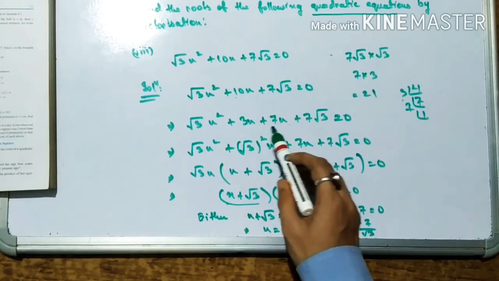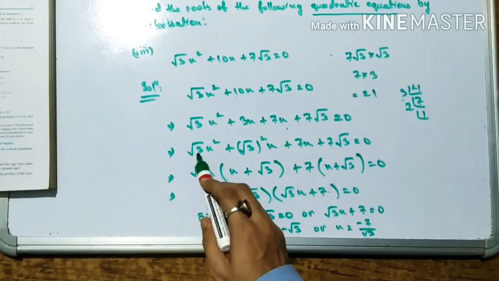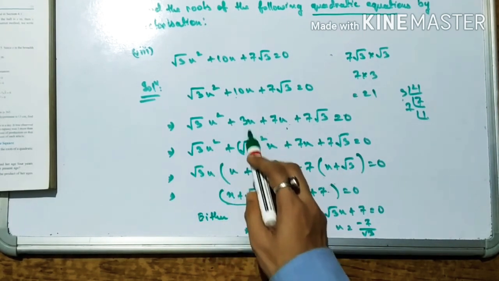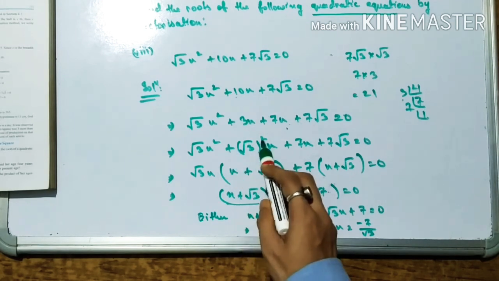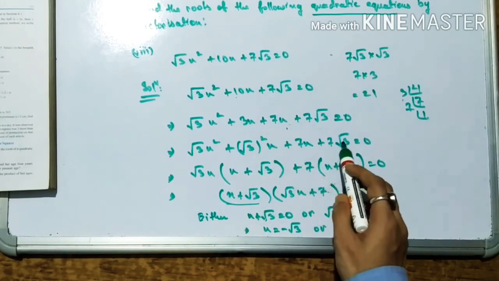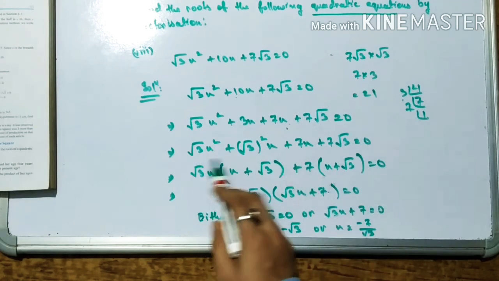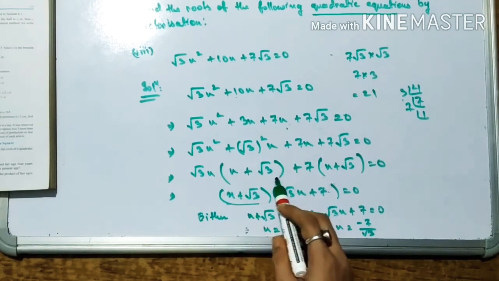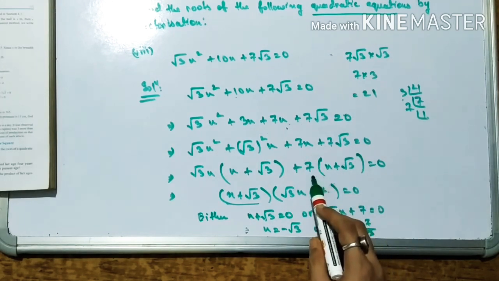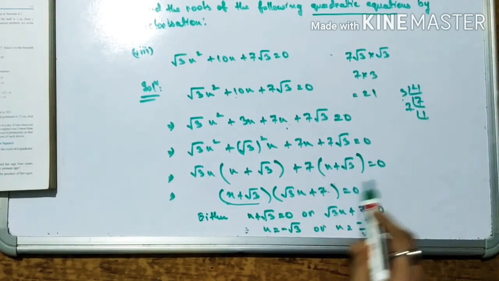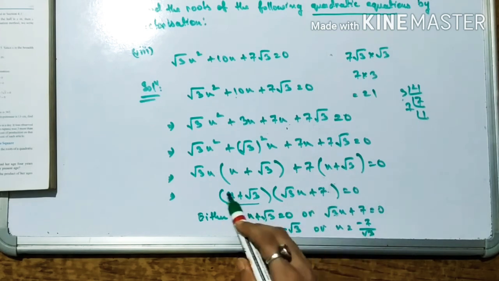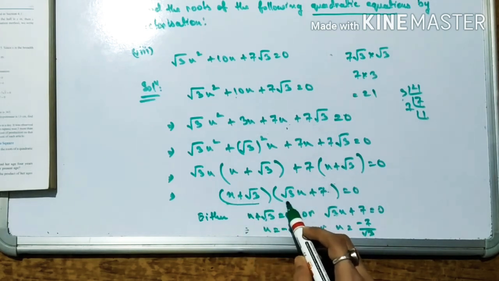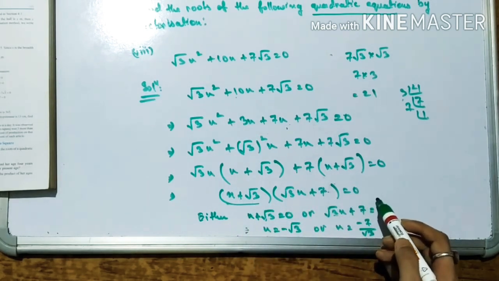10x I can write as 3x plus 7x. Now in here root 3x square plus 3 I can write as root 3 the whole square x plus 7x plus 7 root 3 is equal to 0. From these two I can take root 3x common, I will get x plus root 3, plus from here I can take 7 common, x plus root 3. So if I take x plus root 3 common, I will get x plus root 3 into root 3x plus 7 is equal to 0.